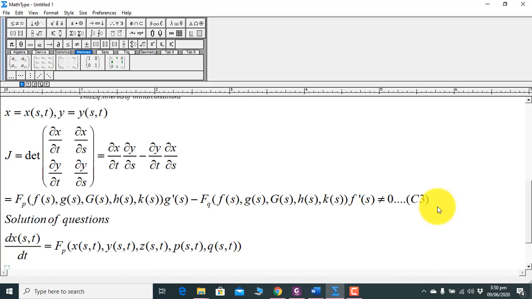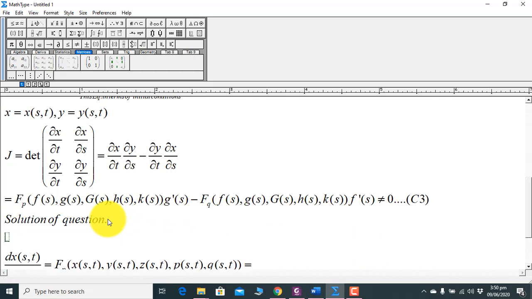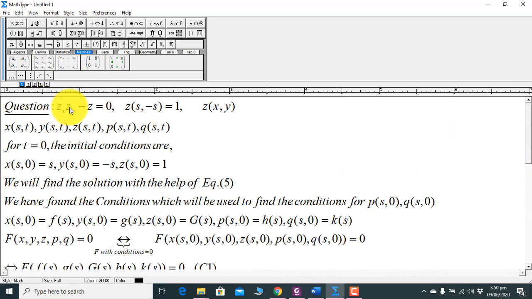Now, the characteristic equation is F p. What is F actually? F is all the left hand side, F of x, y, z, p, q, of the question.